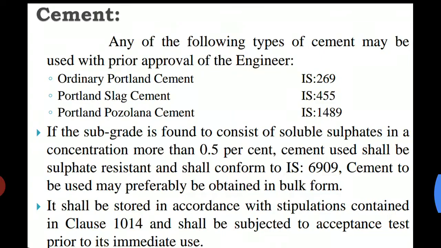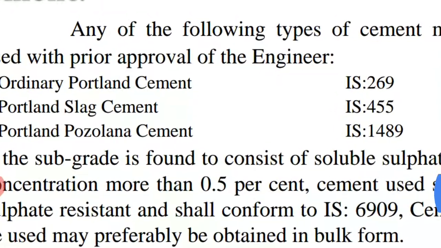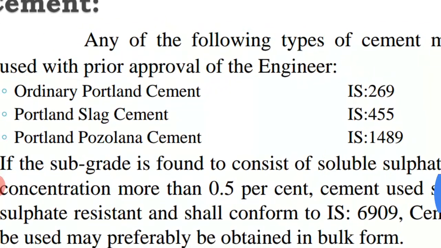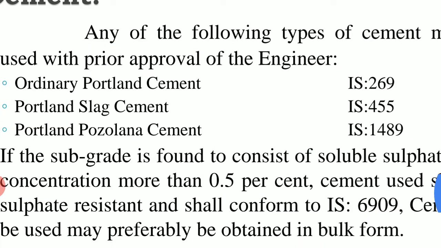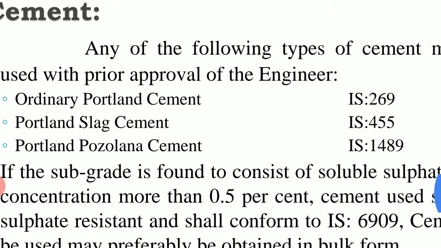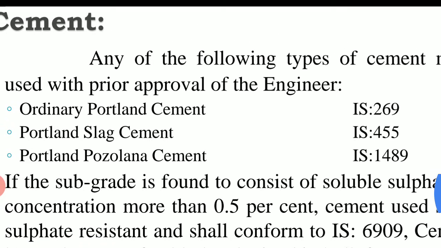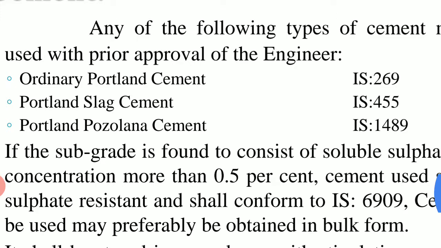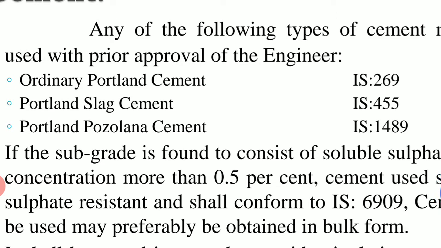And for materials like cement, we can use any type of cement here: ordinary Portland cement, conforming to IS 269, Portland slag cement, conforming to Indian Standard 455, and Portland pozzolana cement, conforming to Indian Standard 1489.